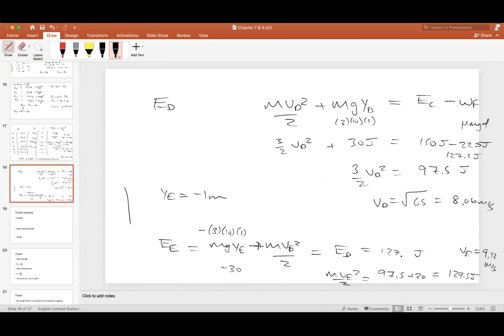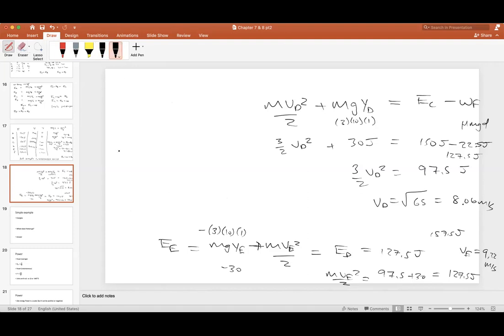So if this is 127.5, if I add 30 to that, that becomes 157.5 joules. Adding this 30 to the other side of the equation, multiplying that by 2, 157.5 times 2 divided by 3, square root of 105 is 10.25. Let me actually do it for you correctly.